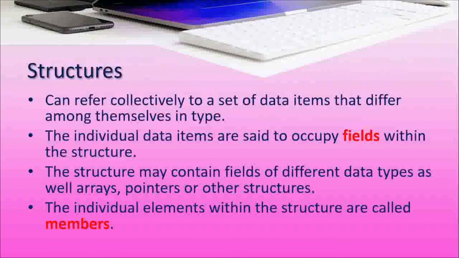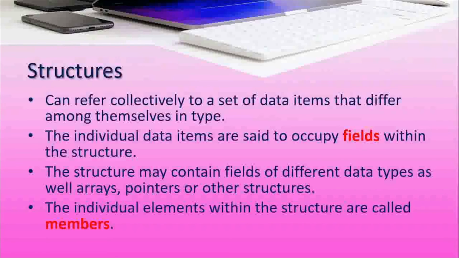Now, the structure can refer collectively to a set of data items that differ among themselves in data type. So that is different data types. It can be integer, it can be float, it can be double, it can be character type, or it can be an array itself. An element within the structure can be an array, no problem.